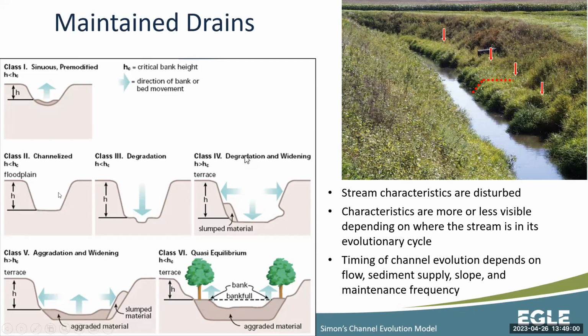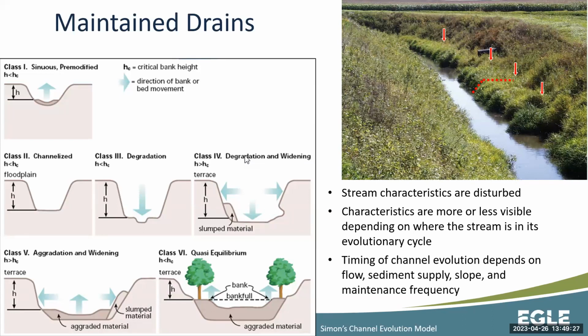Typically this is obviously done to move stormwater away from areas where humans don't want the stormwater, or to drain areas for better agriculture. So this over widening and over deepening moves the channel away from where it naturally wants to be.